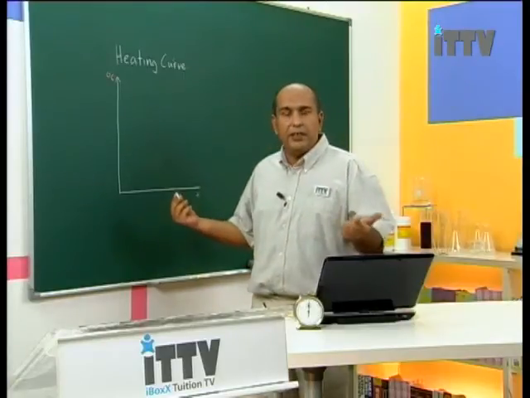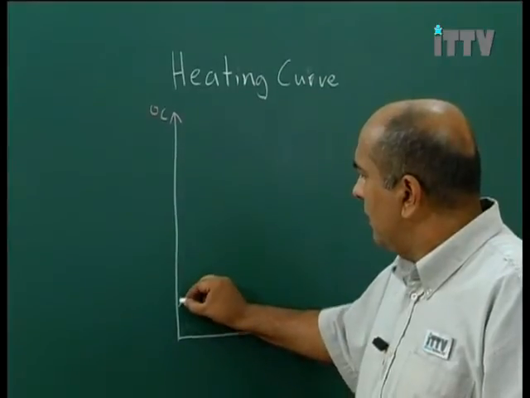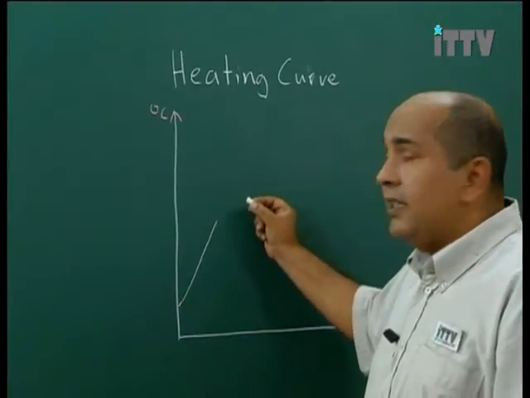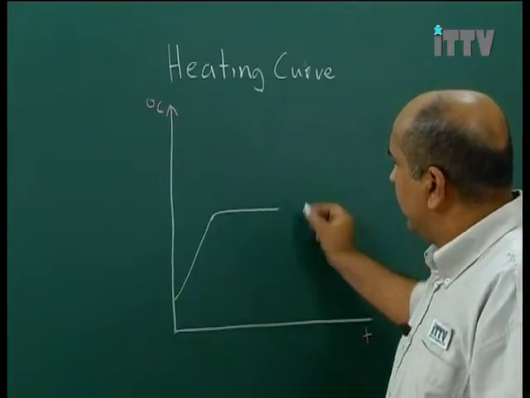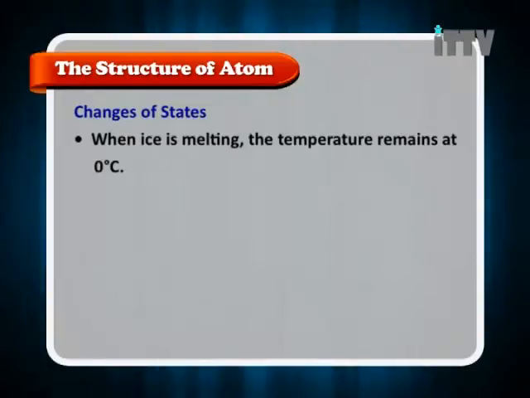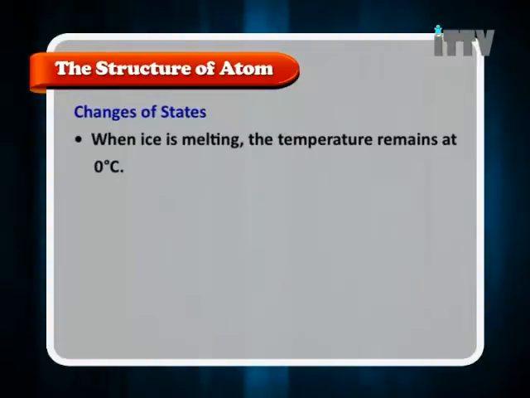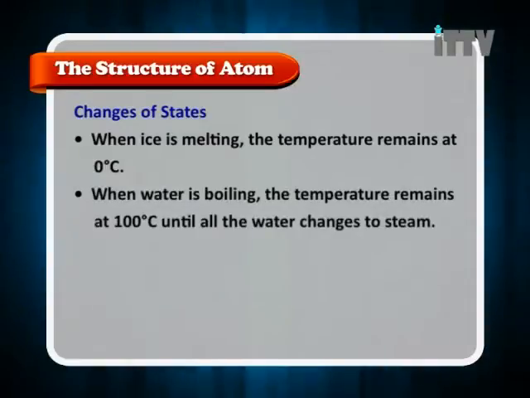But what we got was the temperature was rising, and then suddenly the temperature stopped rising, and we get this flat line. Now it's during this flat line that the change of state was occurring. When ice is melting, the temperature remains at 0 degrees Celsius. When water is boiling, the temperature remains at 100 degrees Celsius until all the water changes to steam.